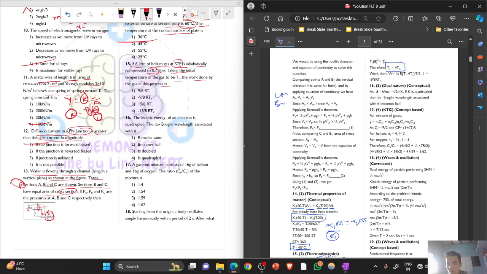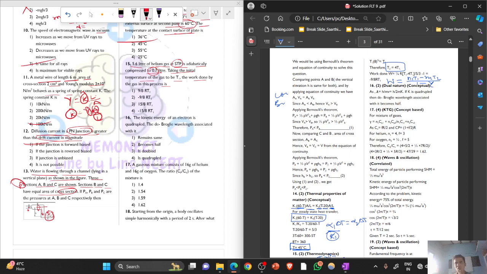Now you can use the formula of work done. You can calculate the work done by using this formula also. It is an adiabatic process, so you can calculate it as 1 by gamma, N1 T1 minus N2 T2 by 1 minus gamma. There are some other formulas also.